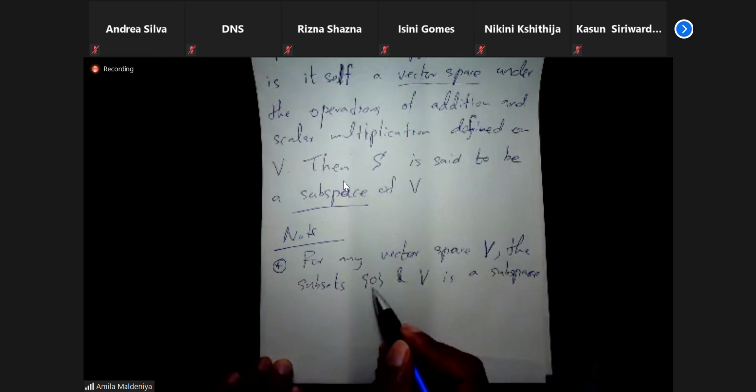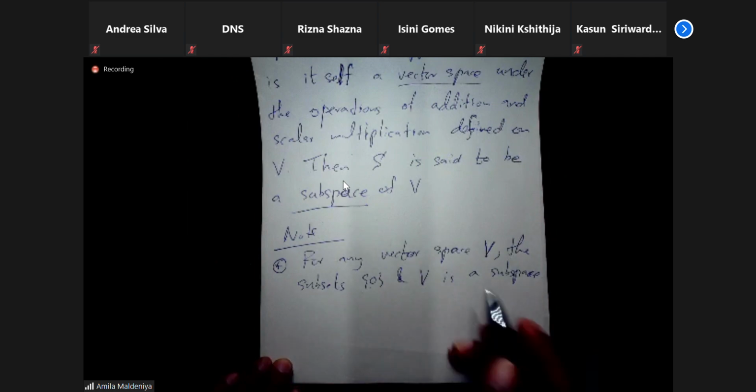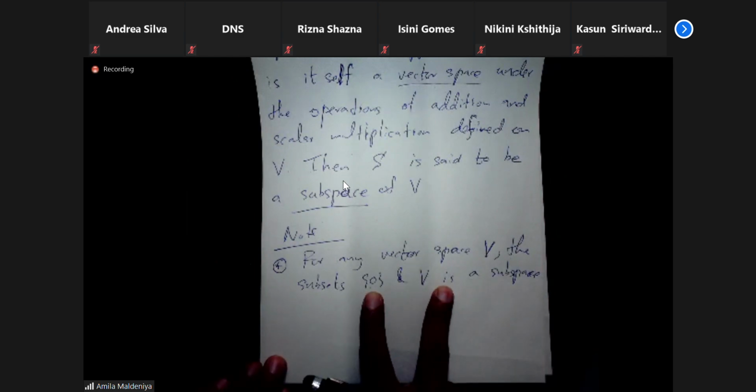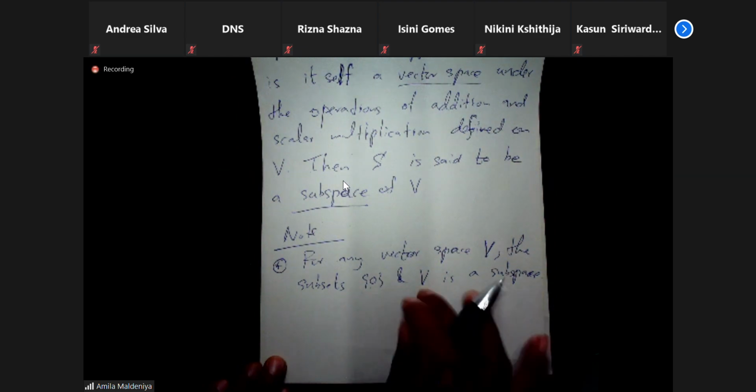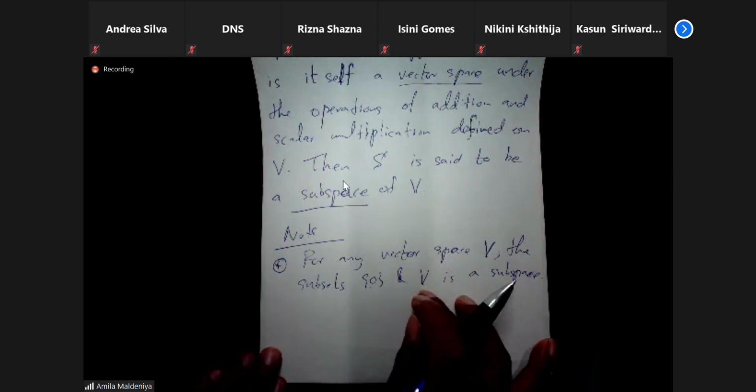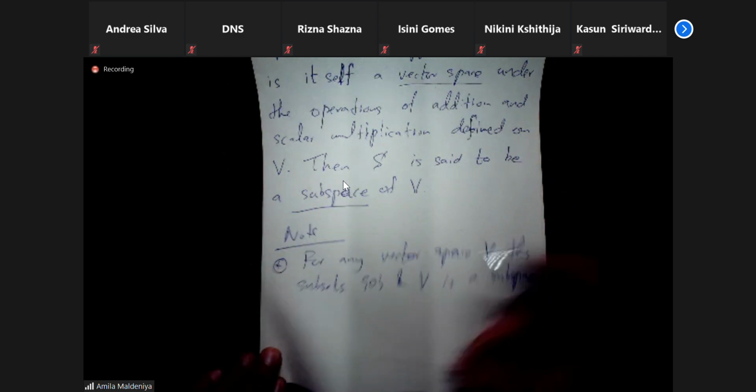Whether {0} is a subspace or not may not be quite clear, but definitely we can prove it. Anyway, whatever the vector space, you always have two subspaces. We may have more than two subspaces, depending on the nature of the vector space. Anyway, all the time we have these two subspaces. Therefore, these are called trivial subspaces. That means obviously those are subspaces.